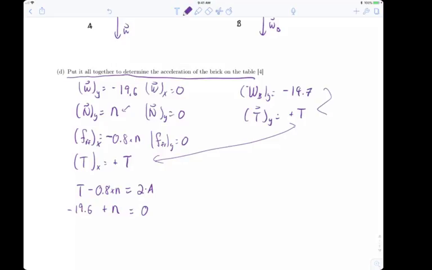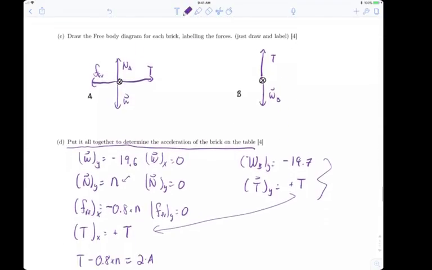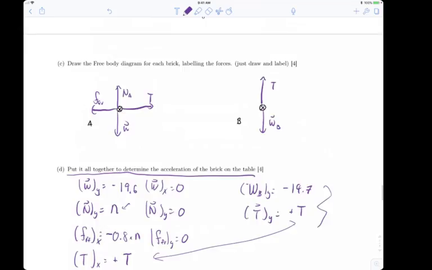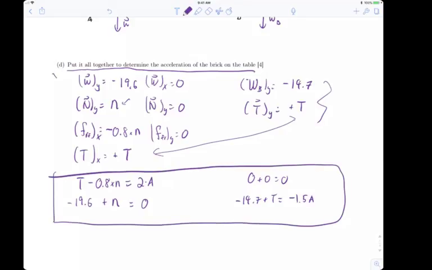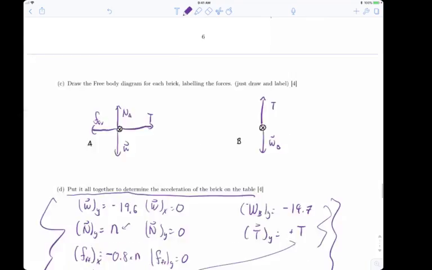Now these ones: 0 plus 0 is 0, and minus 14.7 plus t is equal to minus 1.5a. And now we solve things algebraically. So this step is me putting all of this information together with this stuff. That's what I mean when I say put it together.